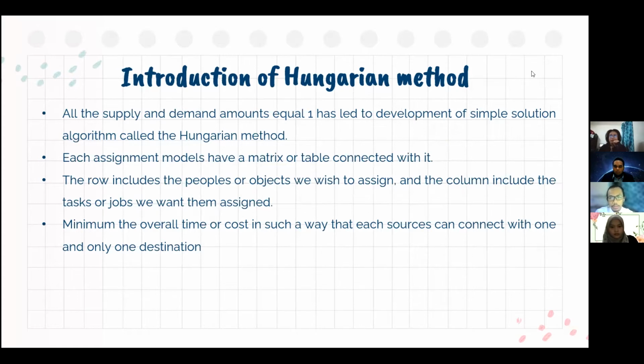Generally, the rows include the people or objects we wish to assign, and the columns include the tasks or jobs we want them assigned to. Consider a problem of assigning n sources, which are resources, to n destinations, which are activities, so as to minimize the overall time or cost, such that each source can connect with one and only one destination.